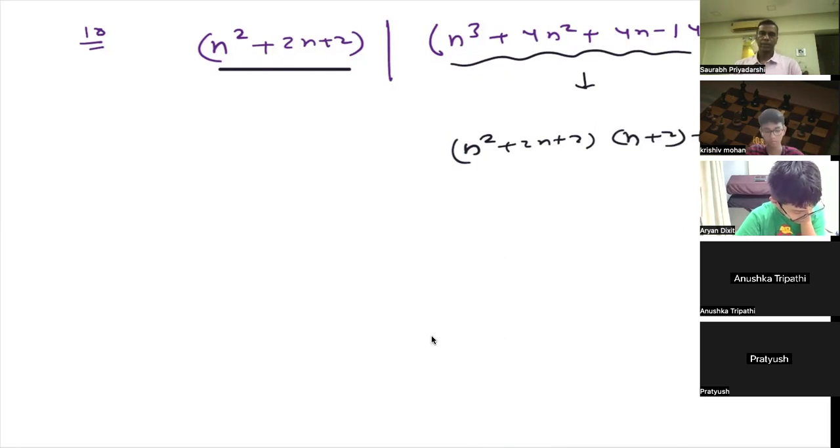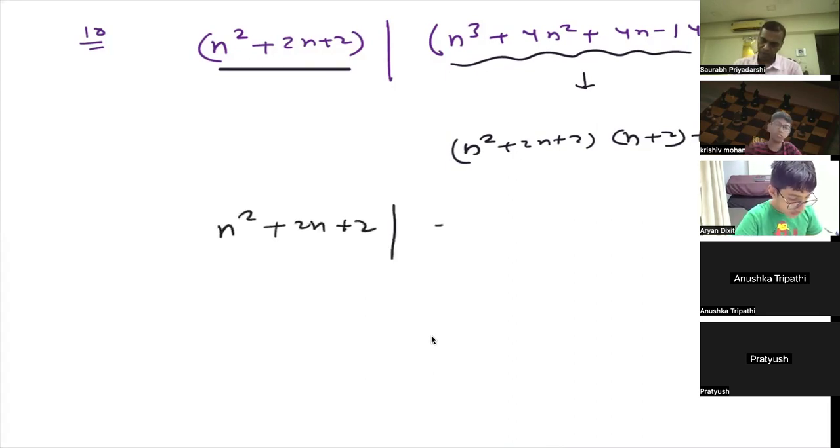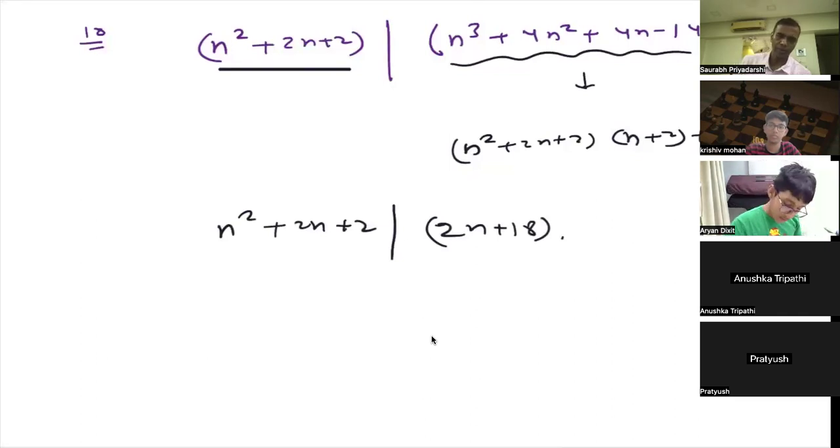It means n square plus 2n plus 2 must divide 2n plus 18, or minus of it, the same thing. So this must be divisible. Two cases are there.